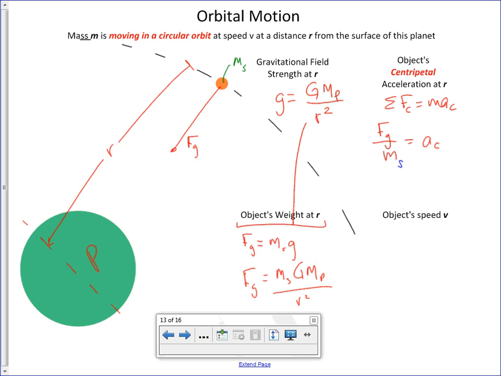Well, what's Fg over m? Remember, that's just g, because here's Fg. Divide the mass of the satellite out, and what we get is that. So whether or not you recognize it, acceleration and field strength are the same thing.